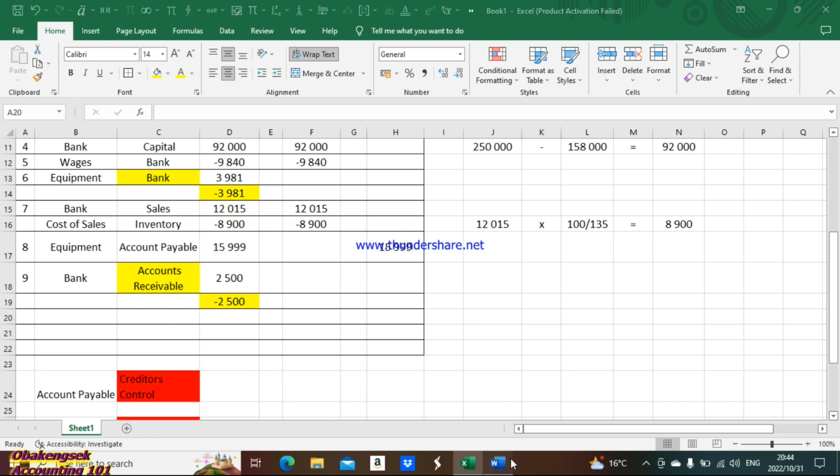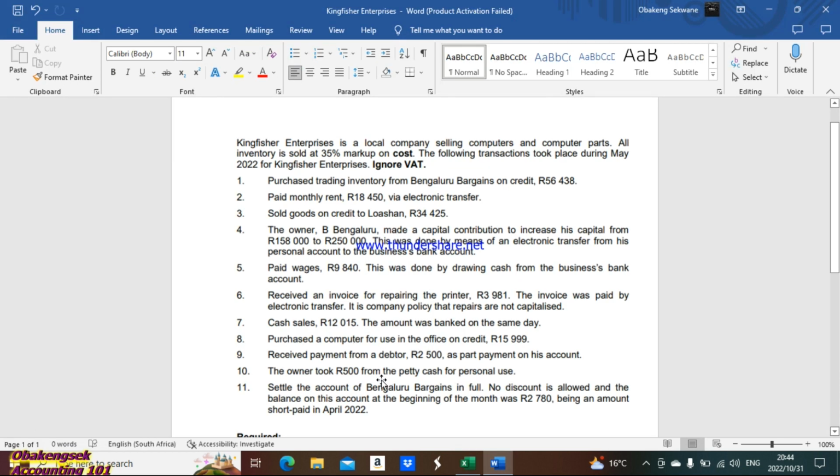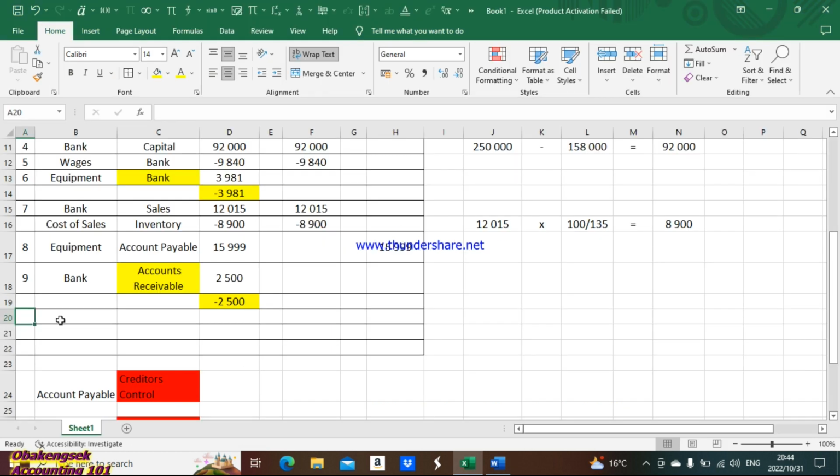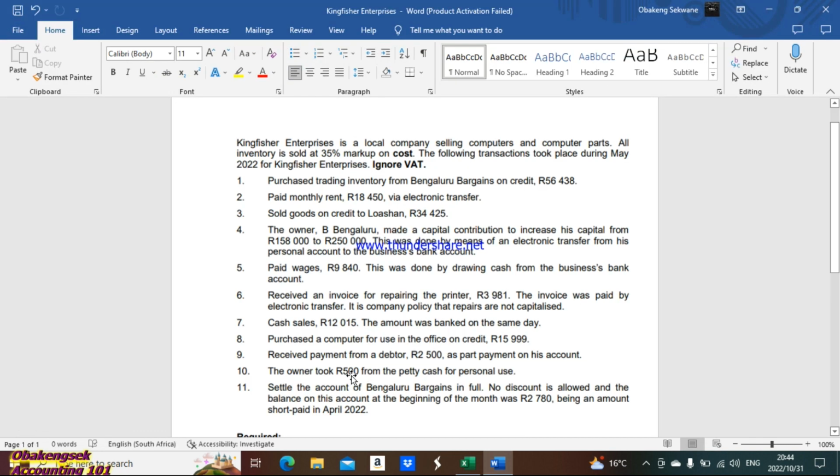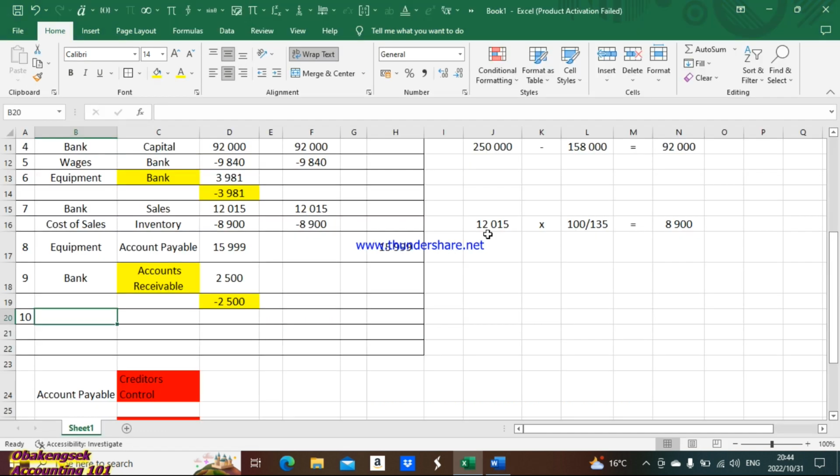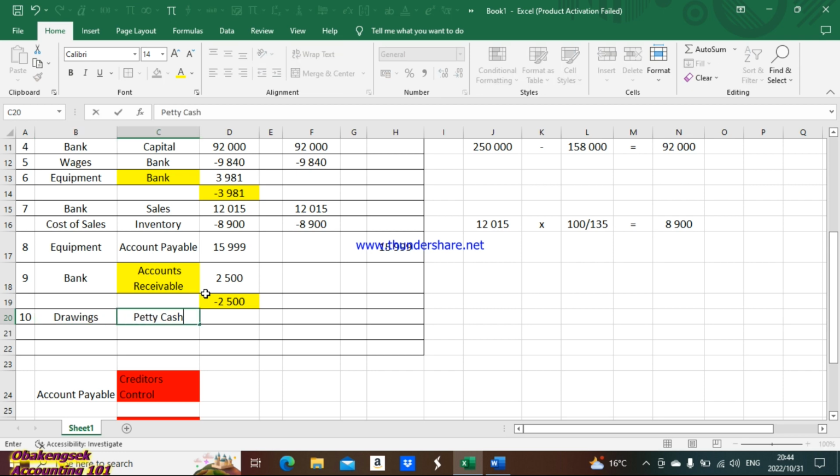So now the next thing that we have is transaction 10. The owner took 500 from the petty cash for personal use. So the petty cash is not bank. The petty cash is really the small amount of change that you have on hand. So he took money from petty cash. So this is drawings. So we're going to have drawings and petty cash.